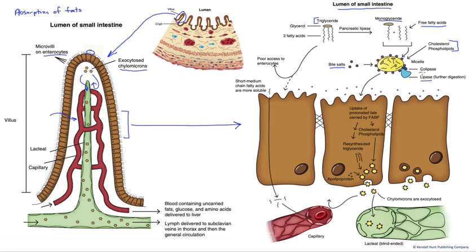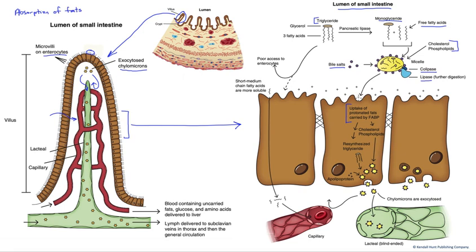And so we actually need a helper. We have colipase that tethers the lipase to this micelle, this bile salt-coated fat droplet, keeping that lipase associated with it and allowing that digestion to continue. Now that micelle can approach the enterocyte lining here, and we can get it close enough that the fats inside the micelle become protonated by this acidic environment, and those are taken up into the membrane.